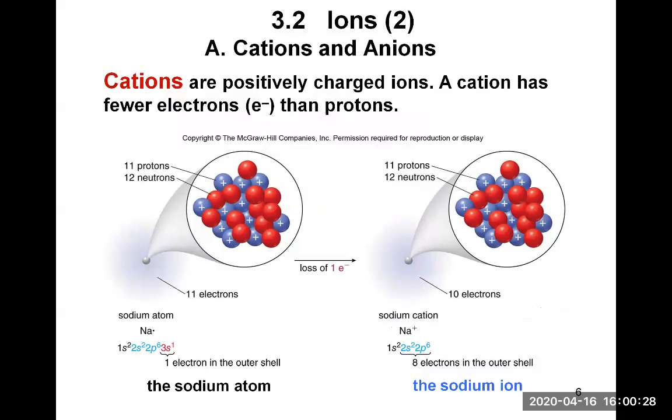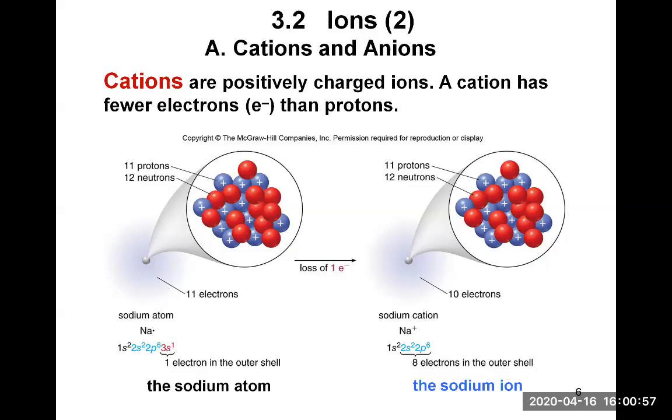The sodium atom, Na, atomic number 11, has 11 protons in its nucleus and 11 electrons in its electron cloud when it's the neutral atom. And so when sodium loses one electron, it goes from 11 electrons to 10 electrons.